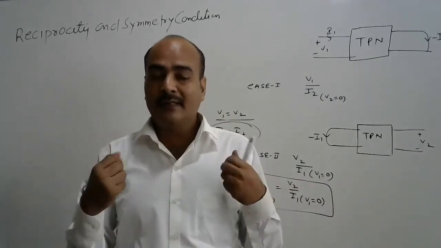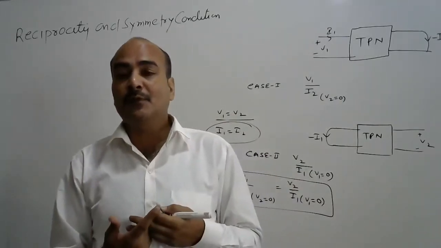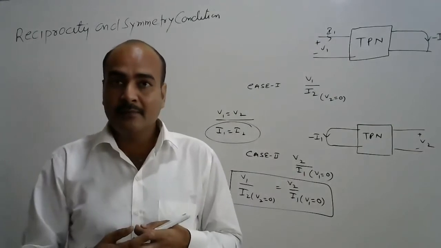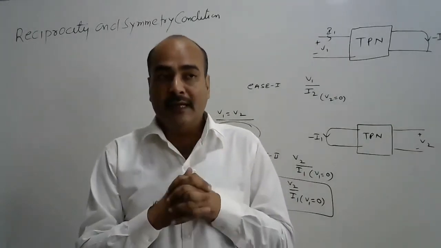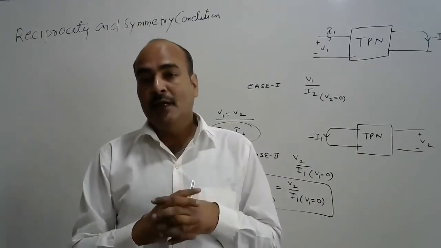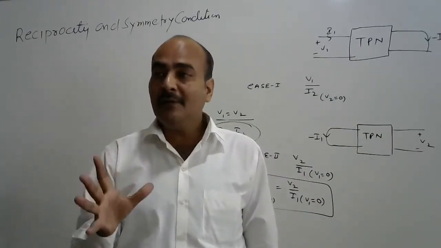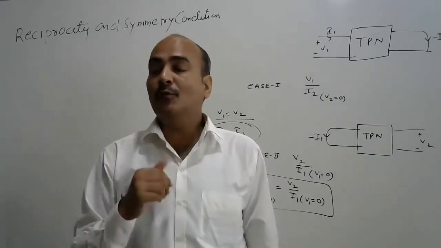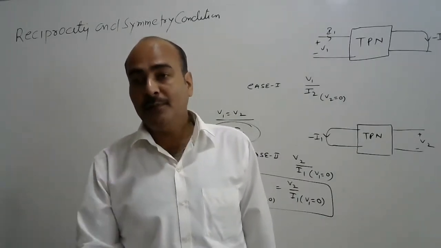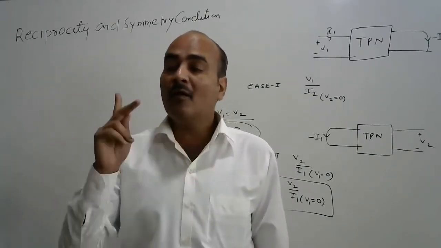So what is the physical significance of the reciprocity theorem? If the network is a reciprocal network, you can make any port the input port or any port the output port, because the input to output ratio remains constant.